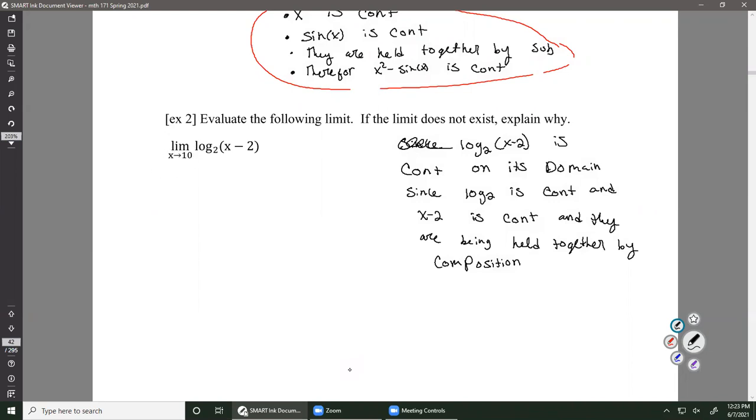So what we know, since it is continuous, is that this is equal to just f evaluated at 10, which is log base 2 of 10 minus 2. And so we get log base 2 of 8, which is equal to 3.